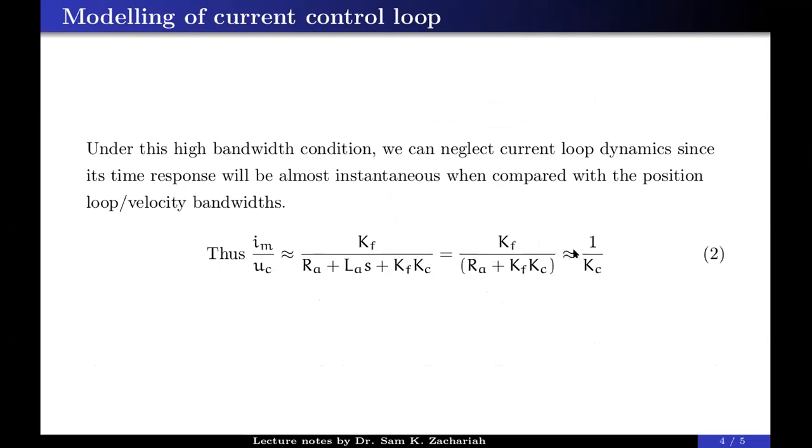So the approximate value is 1 by KC. So Im to UC will be a simple gain of 1 by KC for high bandwidth conditions. So you can neglect the other dynamics in the loop. If you are using a current loop with a high gain in the forward path, you can neglect the other paths, and Im to UC will be 1 by KC.